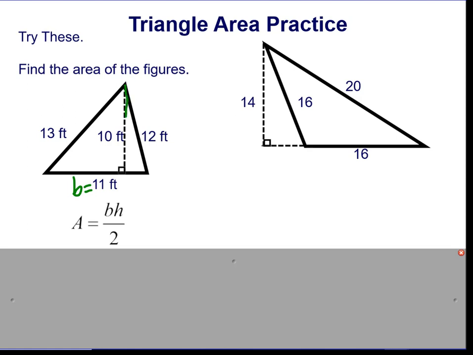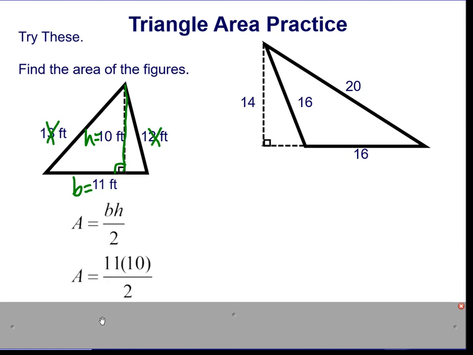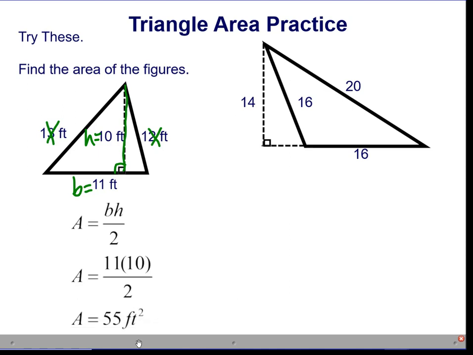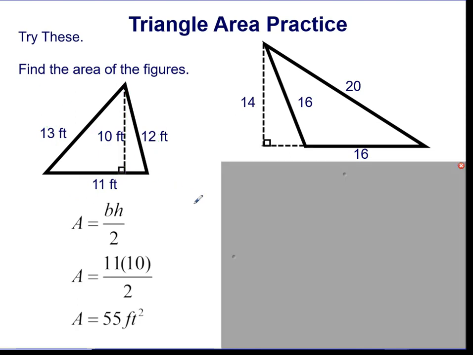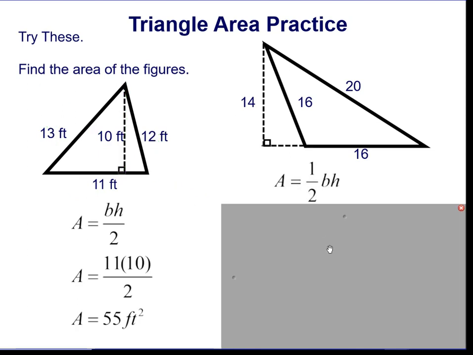And then I have a height coming up from the base at a 90-degree angle of 10 feet. These two measurements are not needed for this calculation. When I substitute in my base times my height, I get 11 times 10 divided by 2, and my answer is 55 feet squared.